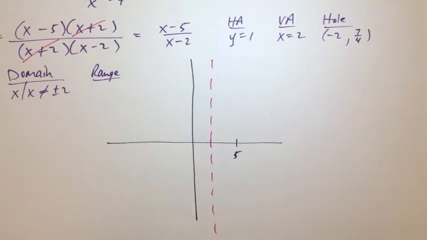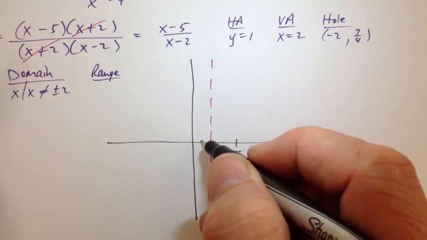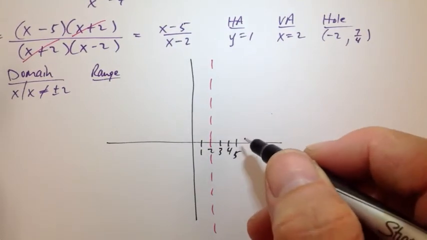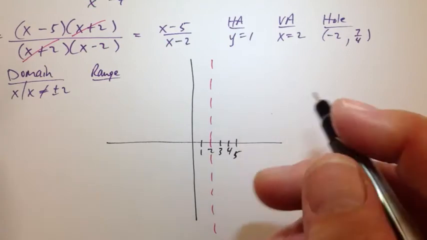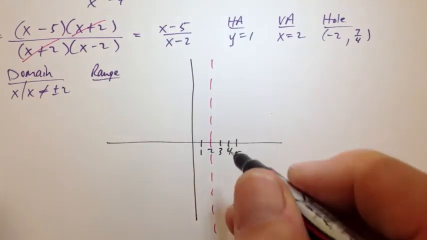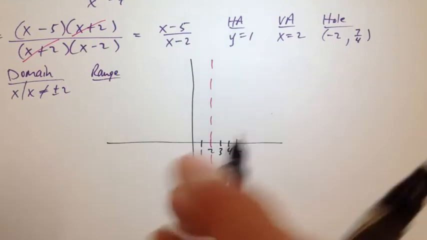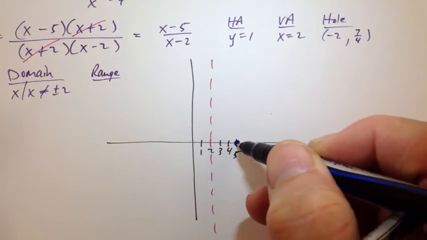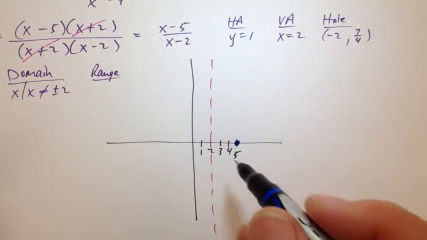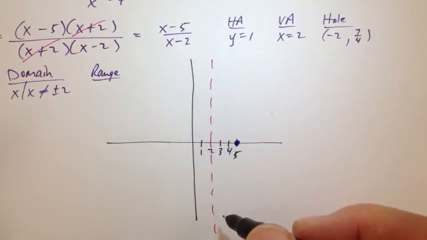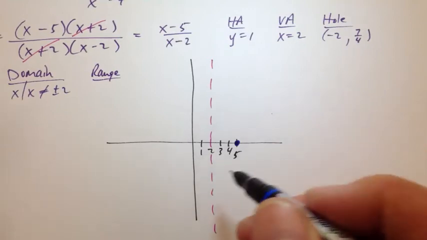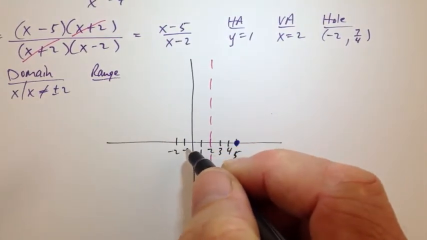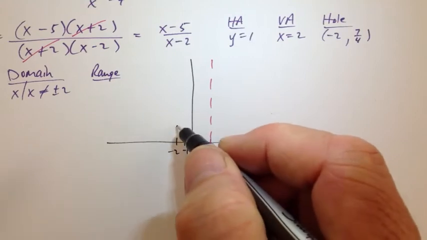And we have a hole at negative 2, comma 7/4, which is somewhere right up here.